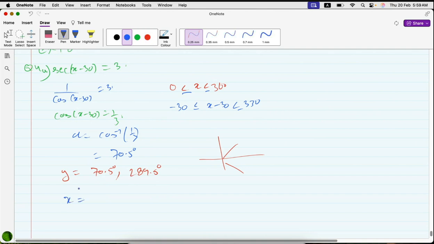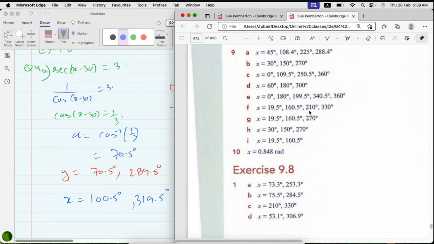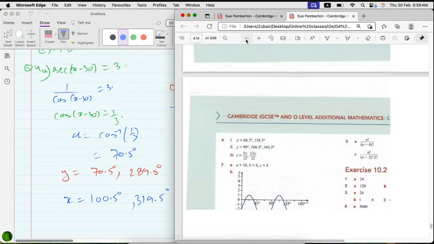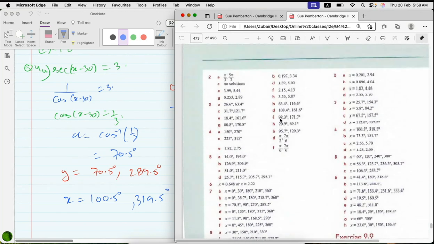And for x, we're going to take 30 to the other side and add them. 289.5 plus 30 is 319.5. And 70.5 plus 30 is 100.5. This was 4A of 9.8. Question number 4A. 100.5 and 319.5.